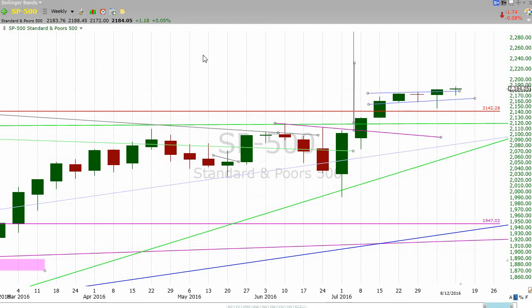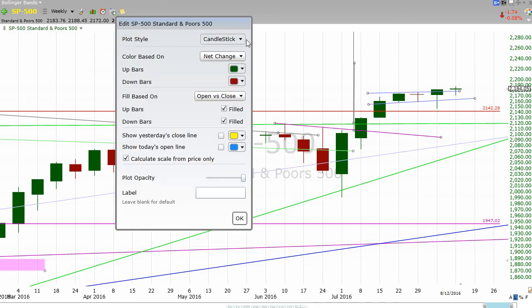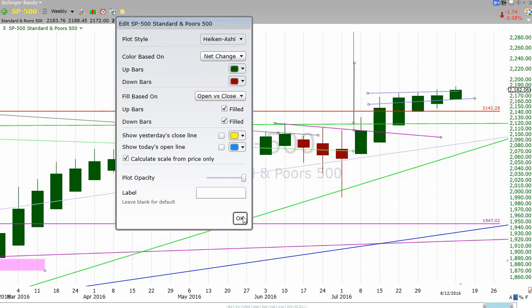As a matter of fact, there is a chart candlestick that is a variation of the open and close that's available at freestockcharts.com. If you go to this tool right here and go to plot style, instead of a candlestick, you can go to what's called a Heiken Ashi, or I'm not sure, I may not be saying that right. Basically, that is a different way of calculating what that candlestick looks like, and look at the difference there.